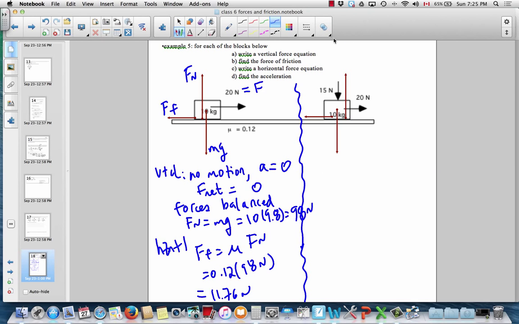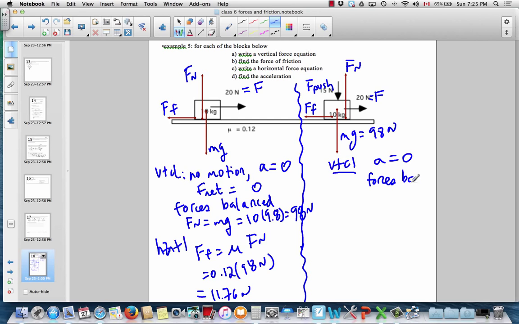Okay, so if we complete this force diagram here, this is Fn, this is the applied force, this is the weight. The weight doesn't change, it's still the same object. This is the friction force. What are we going to call this? I guess we can just call it force of push or something like that. So the analysis is similar in the vertical direction because it doesn't move, there's no acceleration.